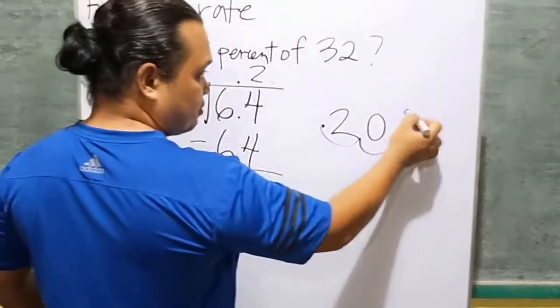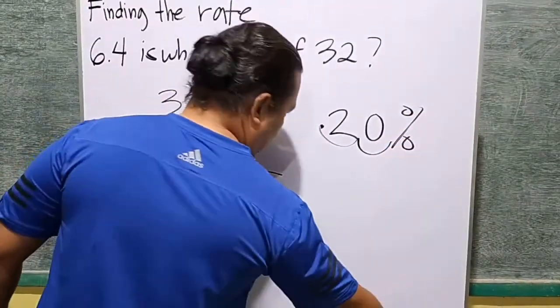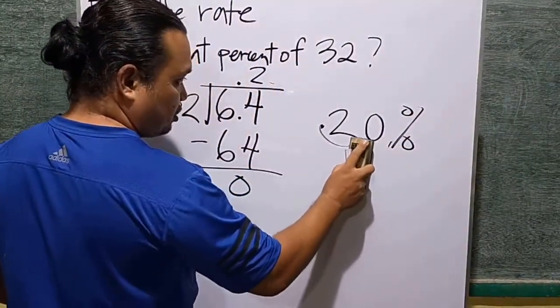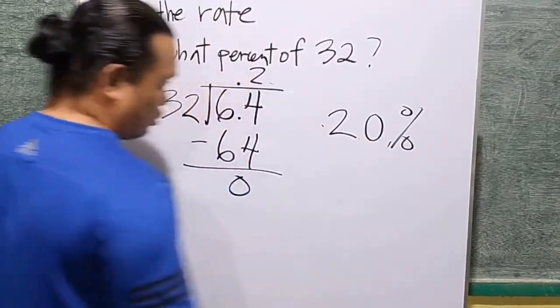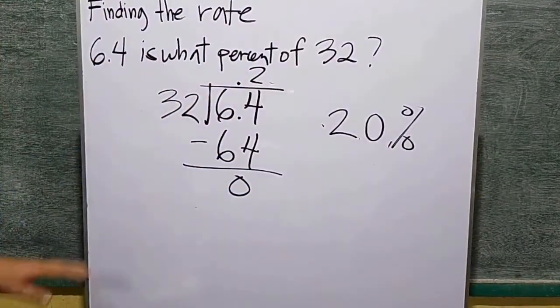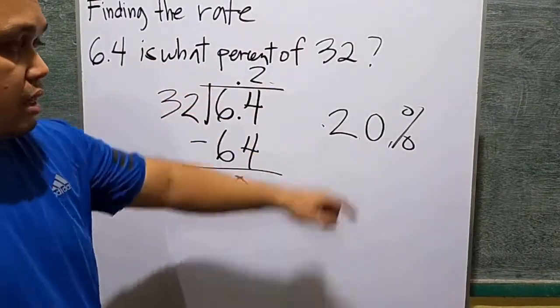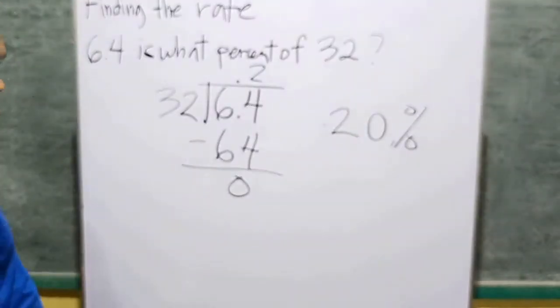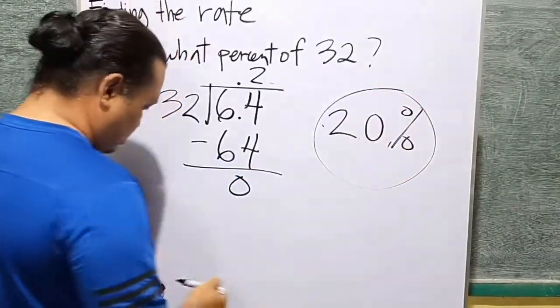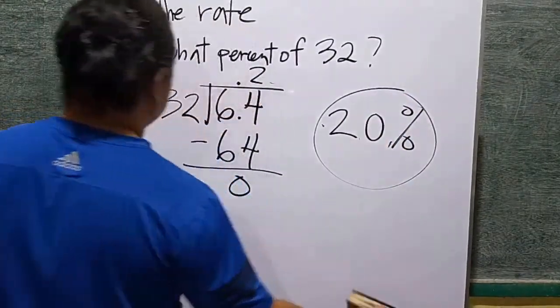Drop the decimal point, change that into percent. So we have 20% for our answer. So 6.4 is what percent of 32? That's 20%. Okay, so let's have another example.